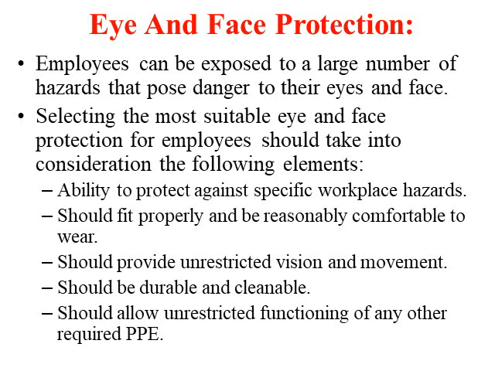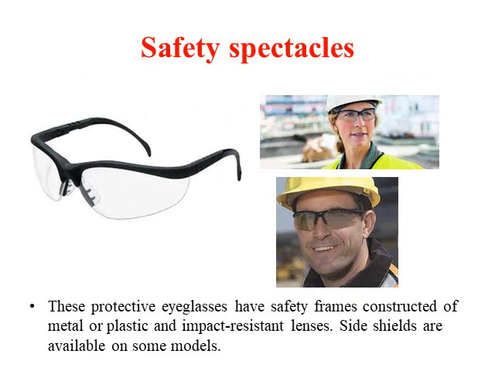Once he wears a PPE, his vision should not be obstructed. He should have clear vision, full clarity, and he should be able to move agilely. And of course it should be durable and cleanable, that means once he uses it, it can be reused again. And it should allow unrestricted functioning of any other required PPE. So these are the certain elements that should be taken care of.